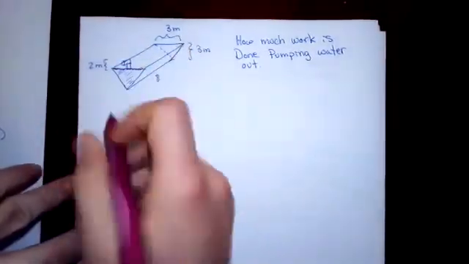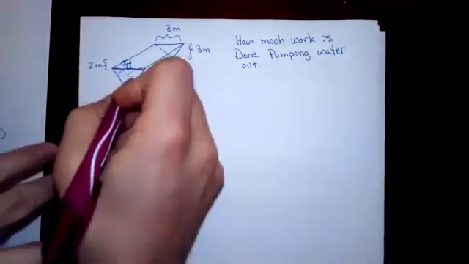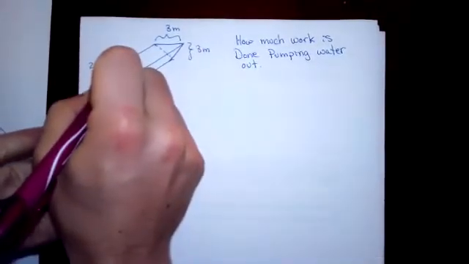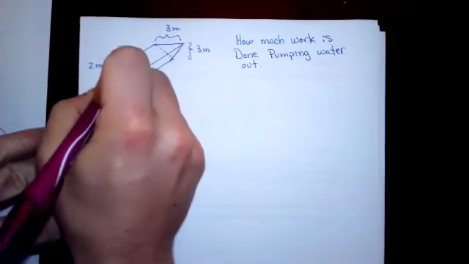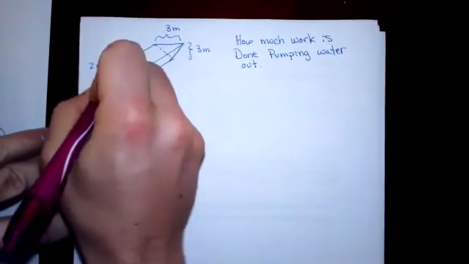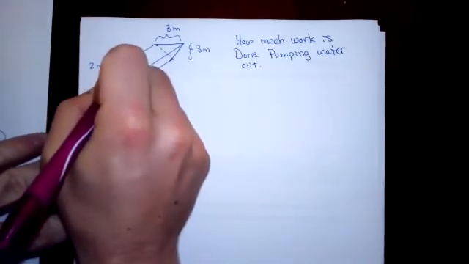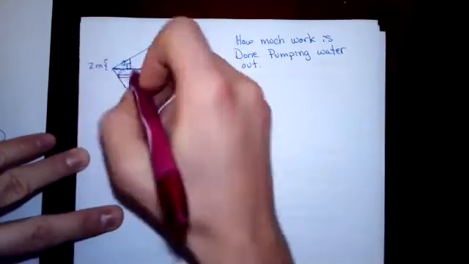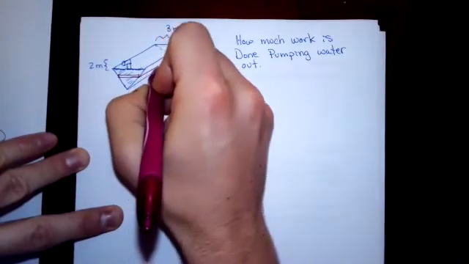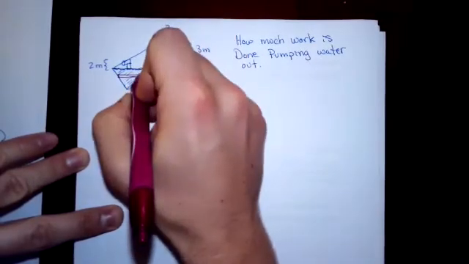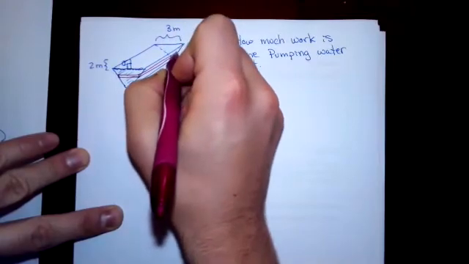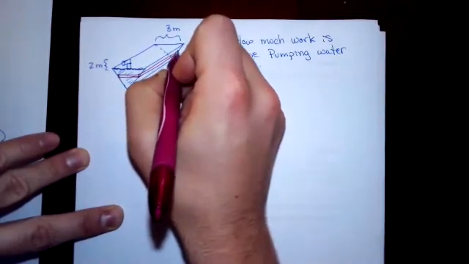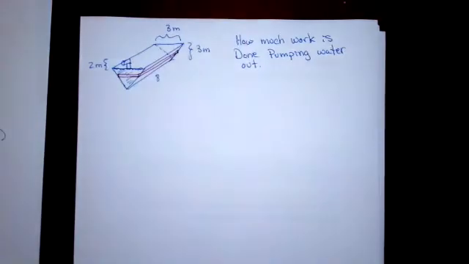Again, work is force times distance, but the force is the force of gravity. So any horizontal slice, since it's all being moved the same distance out, will require the same amount of work. Work is force times distance, and the force is constant with gravity.